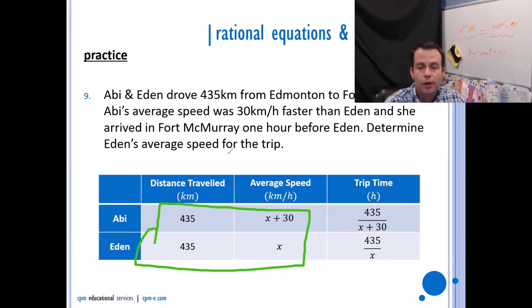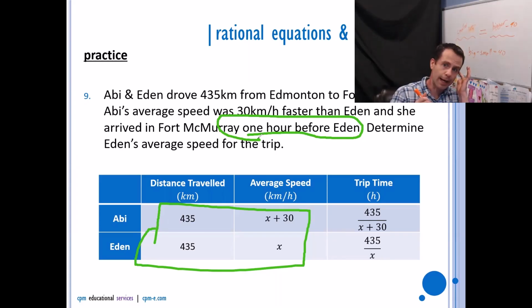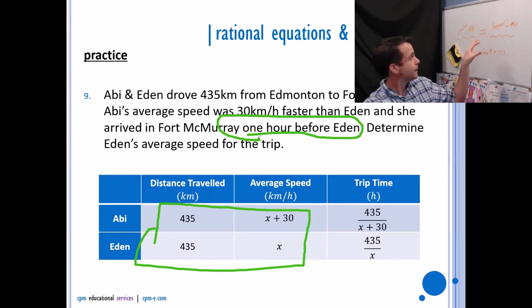Okay. Now, the one piece of information I haven't dealt with yet was that Abby arrives 1 hour before Eden. That means Abby's time is smaller than Eden's time, right? If Abby arrived 1 hour before Eden, maybe Abby took 3 hours and Eden took 4 hours, or maybe Abby took 9 hours and Eden took 10 hours, okay? The point I'm trying to make is Abby is a smaller number.